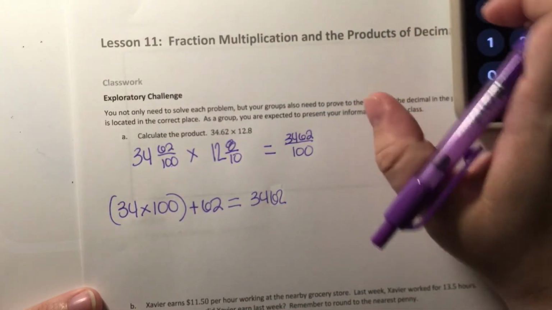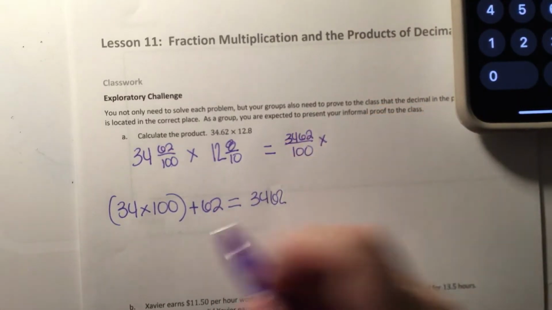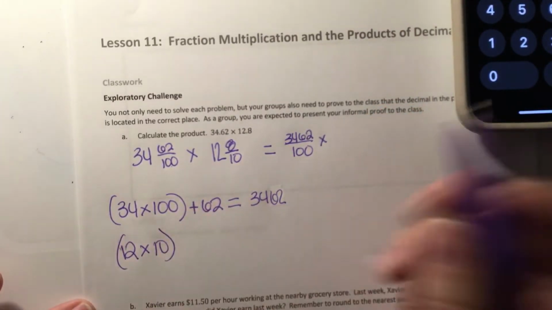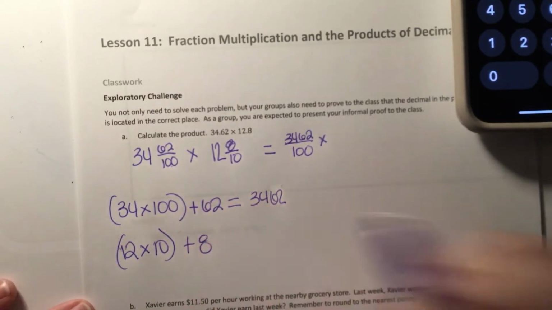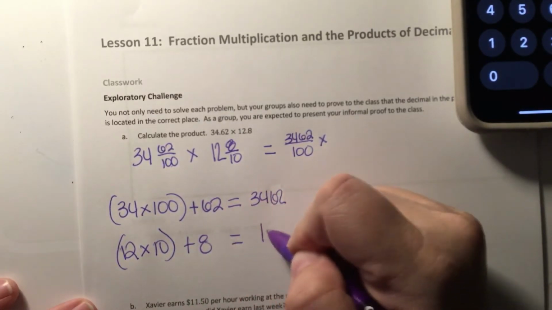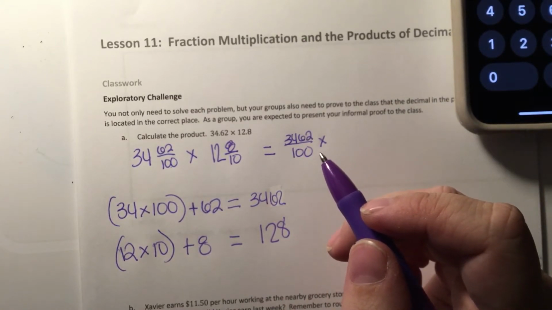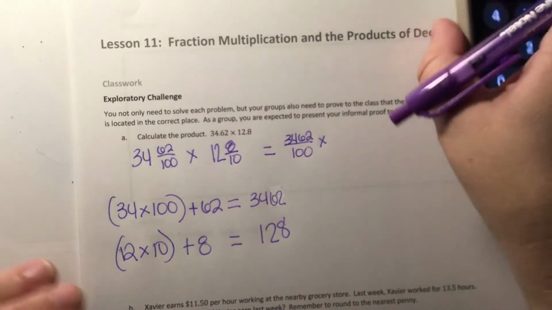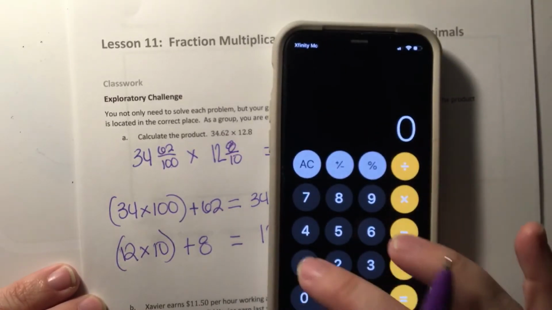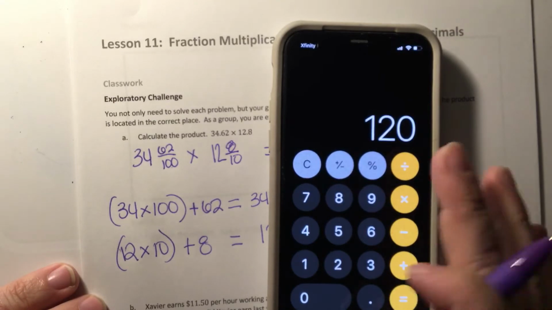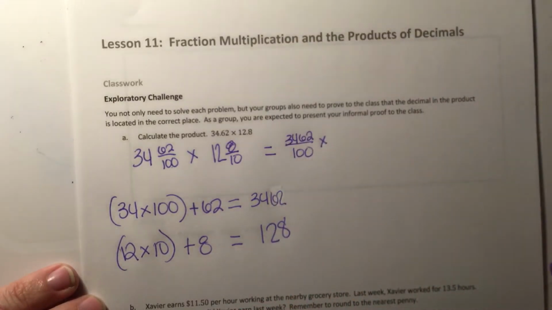And we're going to multiply that by 12 times 10, which I believe is 120, plus 8 is 128. I will double check my answer. Yes, so we have 12 times 10 is equal to 120, and we add 8, so 128.